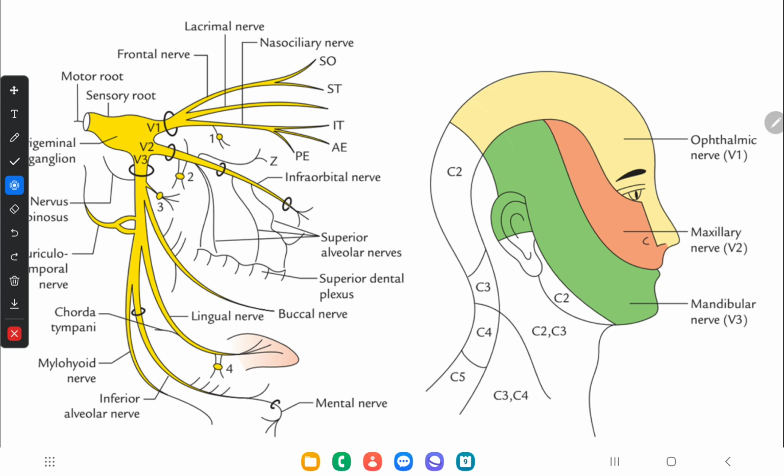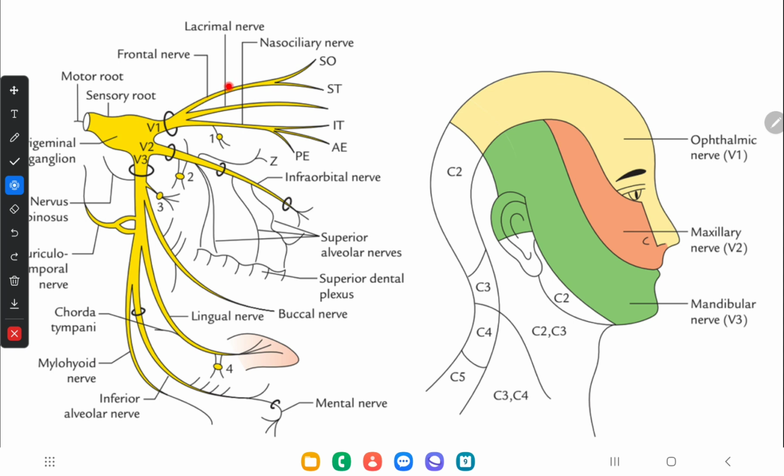Now we will see the branches of the three subdivisions briefly. From this picture you can see the trigeminal ganglion, which contains sensory roots, and you can see the motor root here, and this is the ophthalmic division. Then you have the maxillary division, then the mandibular division here.